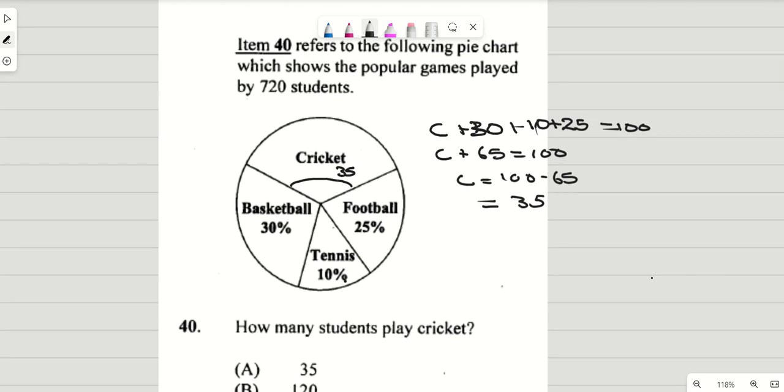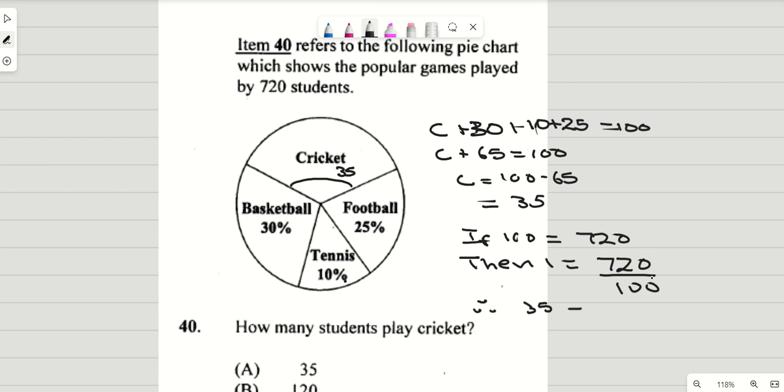I'm going to do an if then therefore. If 100% is equals to 720, then 1 is equals to 720 over 100. And therefore, for 35, this is 720 over 100 multiplied by 35 over 1.